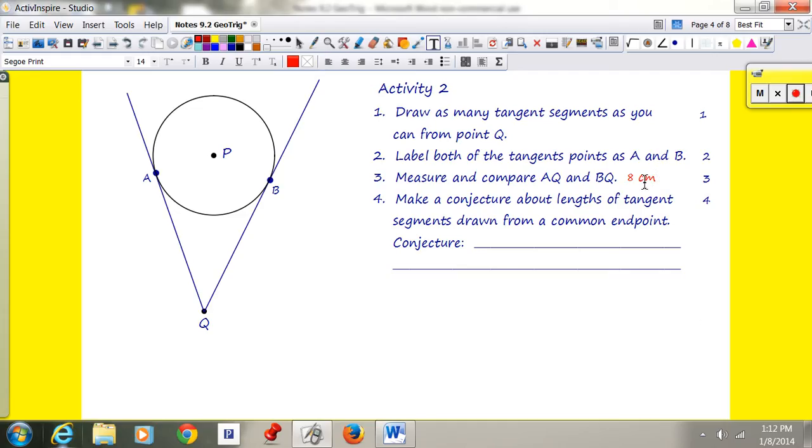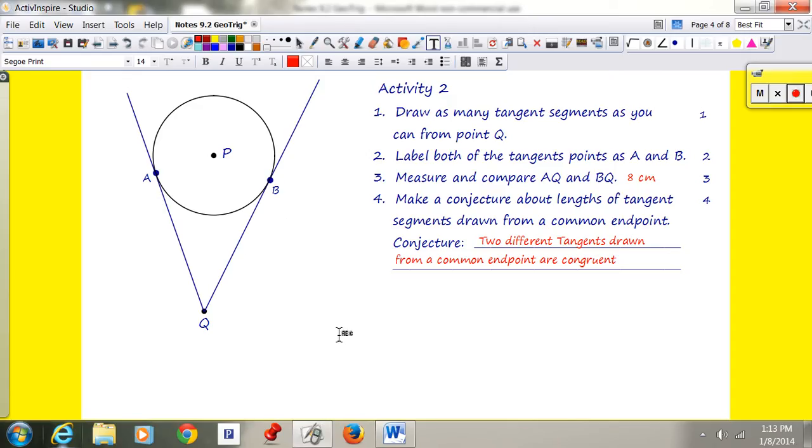Now yours might be different because you could make a different point or your paper's different, but mine came out 8 centimeters. So my conjecture would be this: 2 different tangents drawn from a common endpoint are going to be congruent. If you draw 2 tangents from the same endpoint, they're going to have the same length.